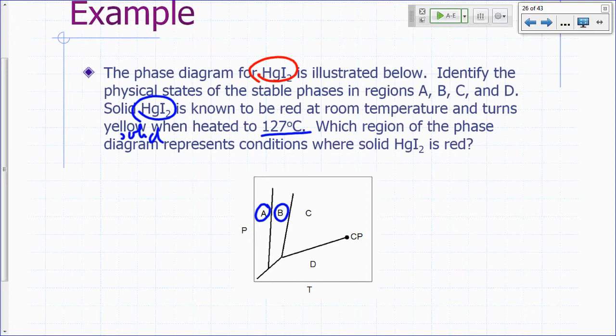Is it A or B? It's a red solid at room temperature. It becomes a yellow solid at 127 degrees. It's mercury iodide in both cases, just different crystalline forms or different colors. Which region of the phase diagram, A or B, represents solid mercury iodide that is red?